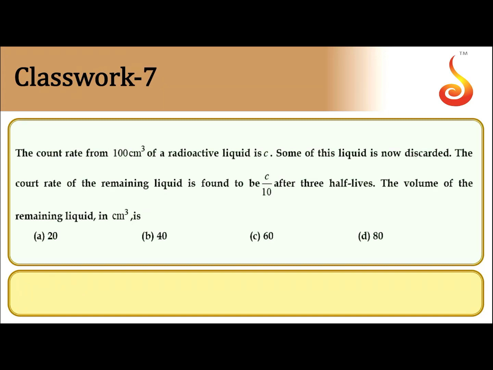Example 7. The count rate from 100 centimeter cube of a radioactive liquid is C. Some of the liquid is now discarded. The count rate of the remaining liquid is found to be C by 10 after 3 half-lives. The volume of the remaining liquid in centimeter cube is?